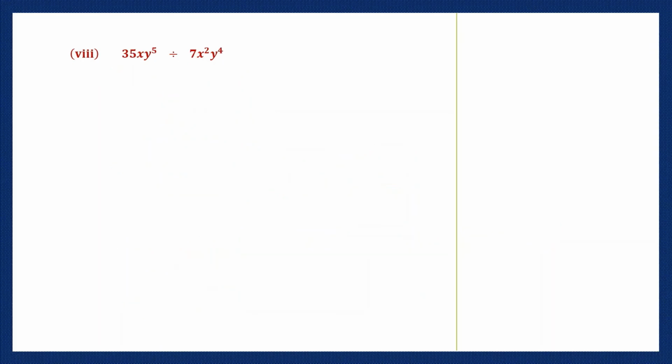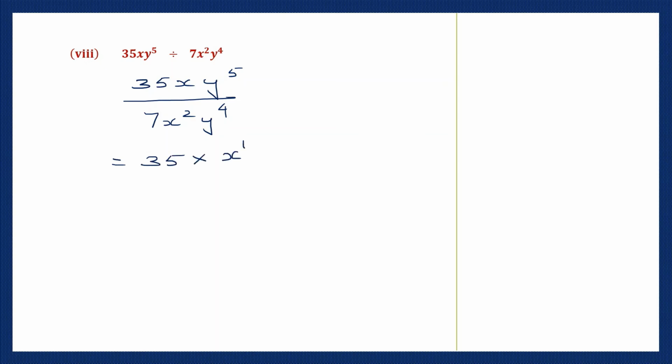Next question. We have 35xy to the power of 5 divided by 7x square y to the power of 4. So this will be 35 into x.